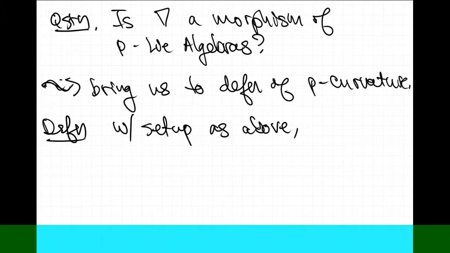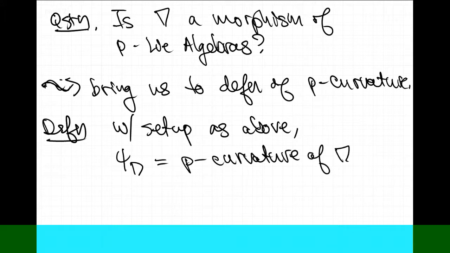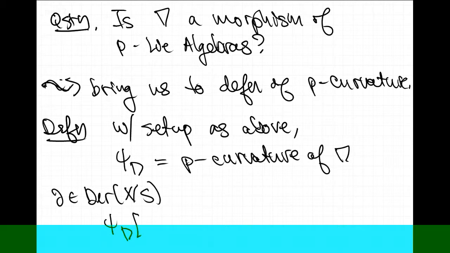This thing here we'll define to be the p-curvature of the connection. And what it does is the following. For a derivation, we're going to get this guy applied to the derivation.